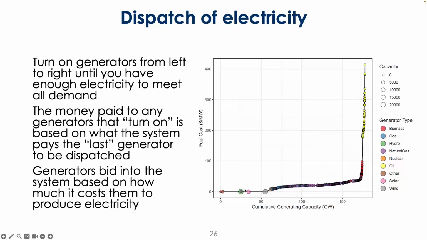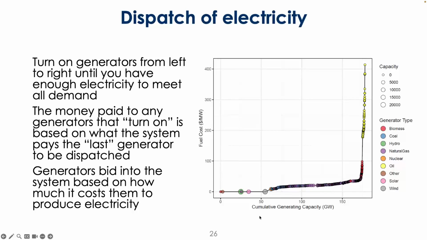It's the same kind of diagram schematic where the dots represent the fuel type, and then it's the cumulative amount. And so if I needed like 50 gigawatts of capacity, I would turn on this guy, this guy, this guy, this guy, this guy, all the way up to here. And if I needed more, I would continue turning on power plants in this order.